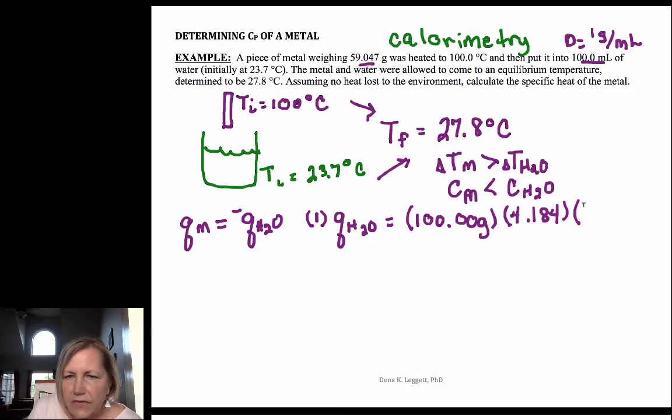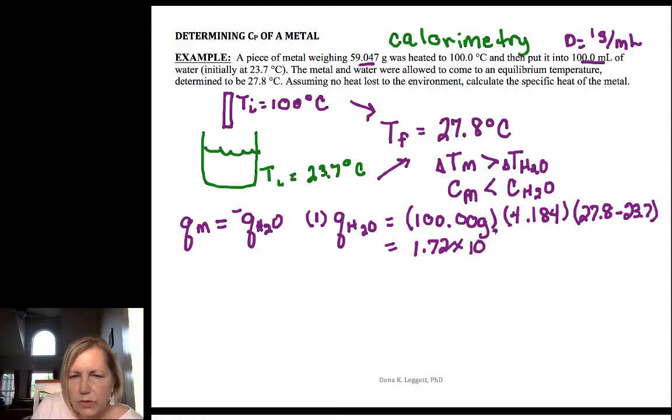And then it's the final, remember, always final minus initial. So Q for my water was 1.72 times 10 to the third joules. Okay, so that's step 1. Now, step 2 is to recognize that Q of my unknown metal is equal in magnitude but opposite in sign of my water.